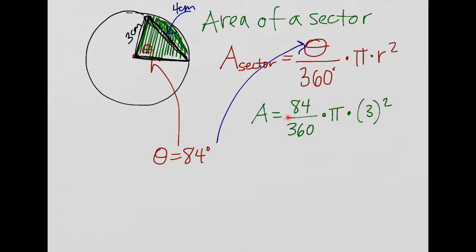So 9 pi and my fraction. I'm going to leave this still in terms of pi so that we have an exact answer. All right, so we'll have 9 and we'll have pi still, and I'm just going to simplify this fraction a little bit so that I can use this in a more understandable way.